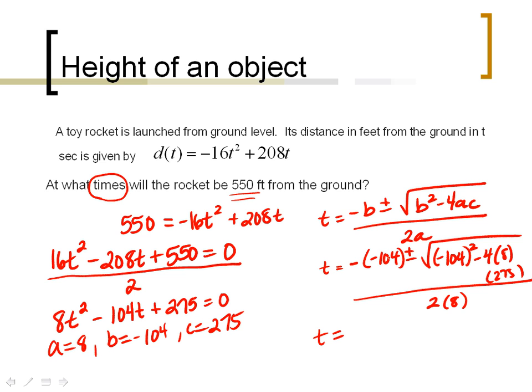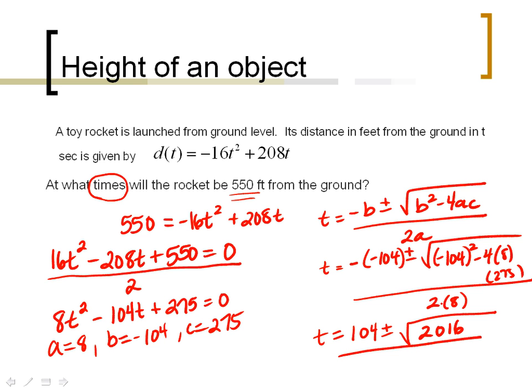So the opposite of negative 104 is going to be positive 104 plus or minus the square root. Let's see if we can find this number inside the radical. If you use your calculator and enter negative 104 squared, which is going to be positive, minus 4 times 8 times 275, we get 2016.